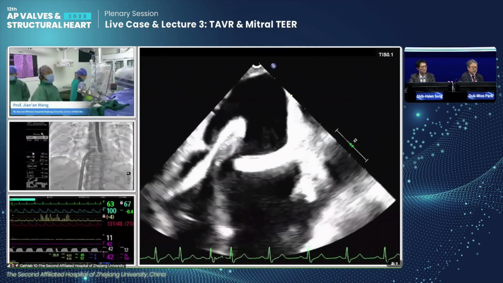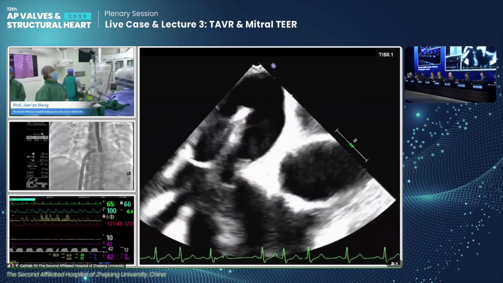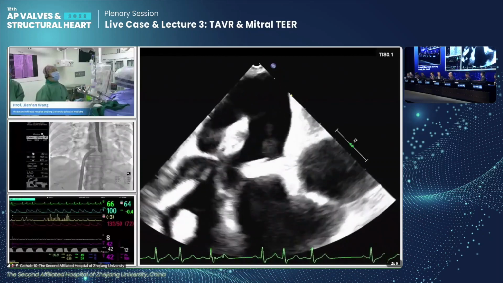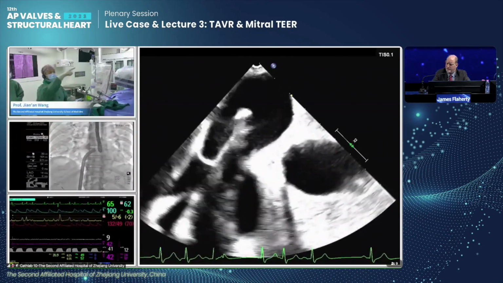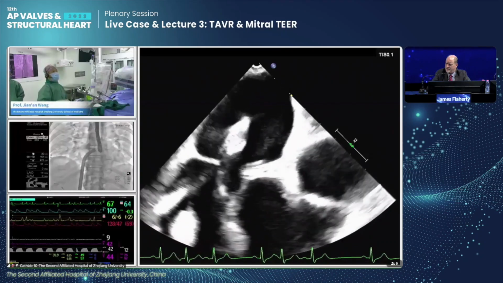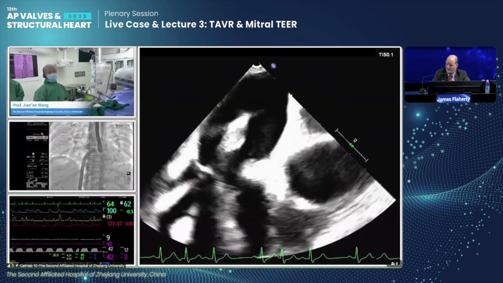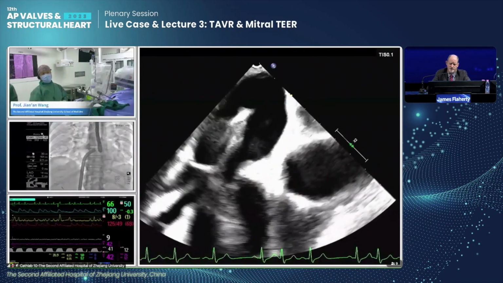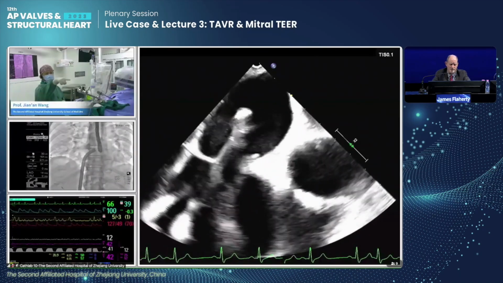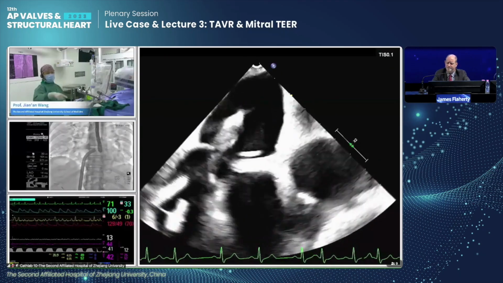We're biased towards the balloon expanding. We think maybe it seals a little better. The exception would be a very small annulus, where you might get a larger size valve in with the self-expanding. So if it's a very small annulus, I might prefer self-expanding. But for most, we use balloon expanding for a more reliable seal.